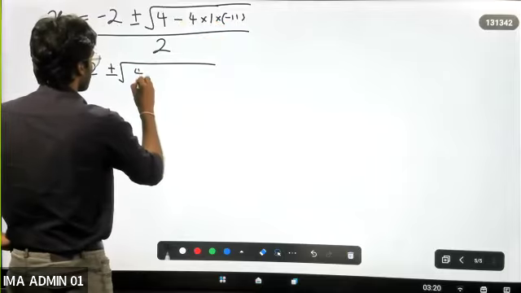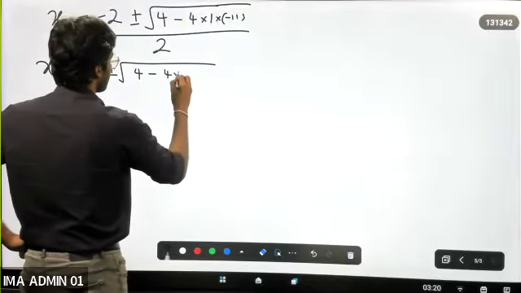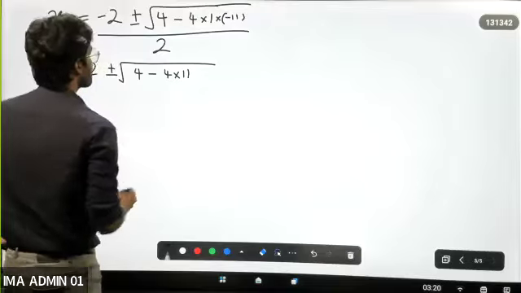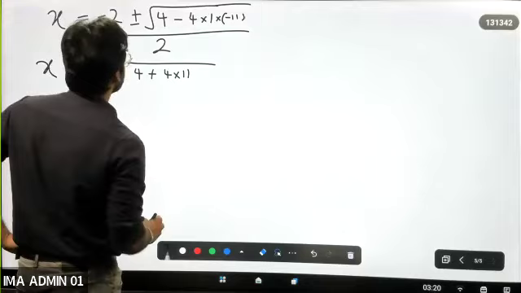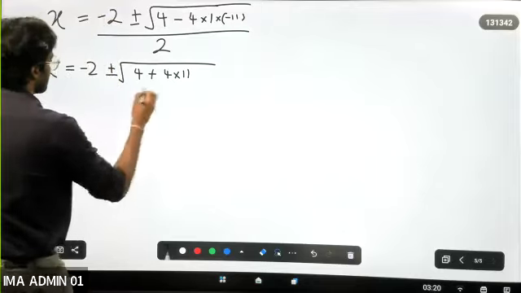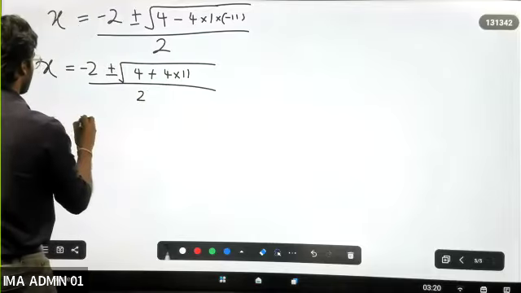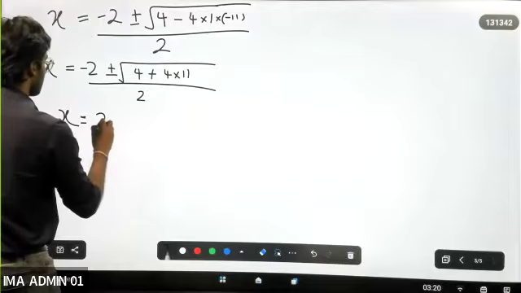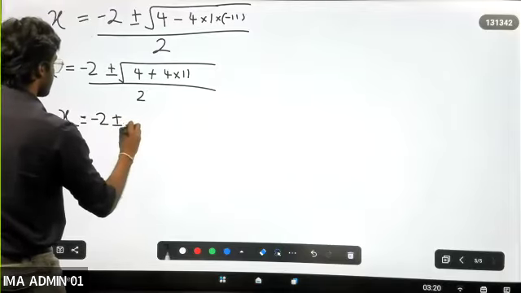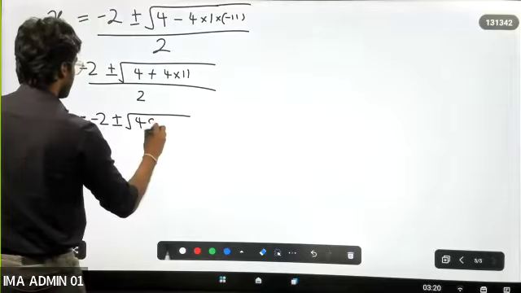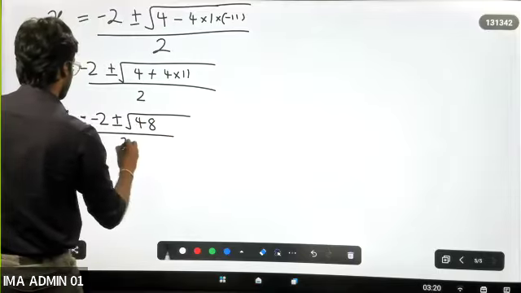So I could write down this as 4 by 11 now. Sorry, plus 11. 44, then it's 48. No need to get 4 out and any other stuff. 48 divided by 2.